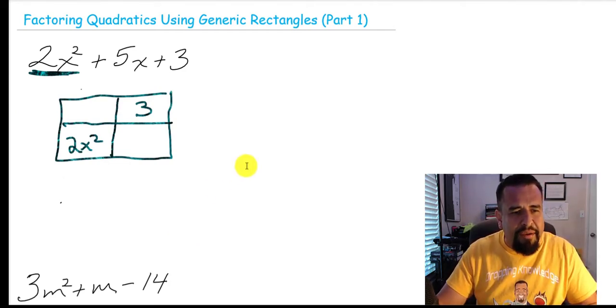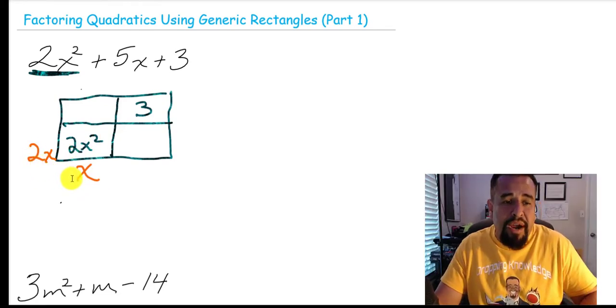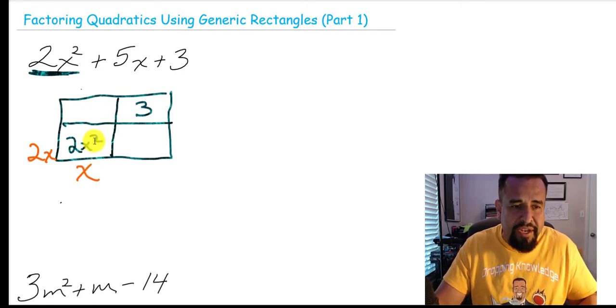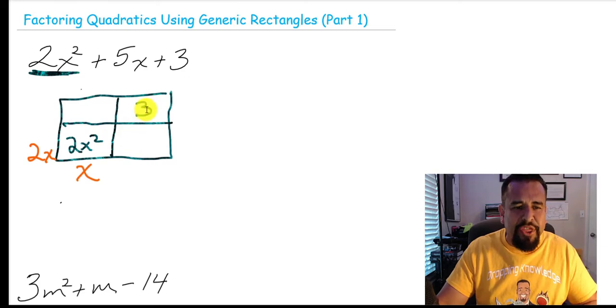Now, I know that if I multiply 2x times x, 2x times x gives me 2x squared. So I know those two values out there must be right because they give me the answer right here in this box. The question is, how do I get this 3? Notice it's up here.